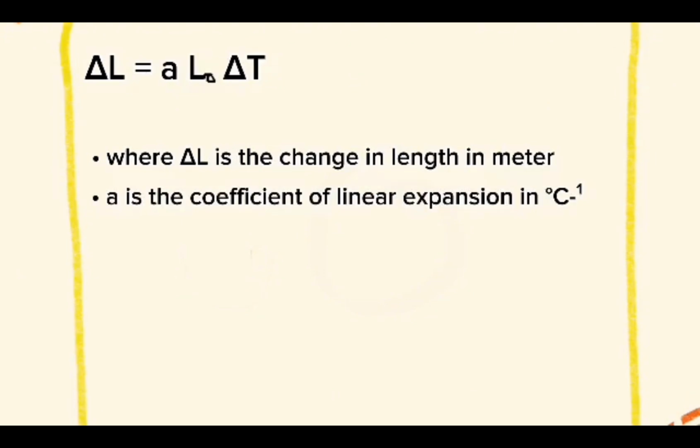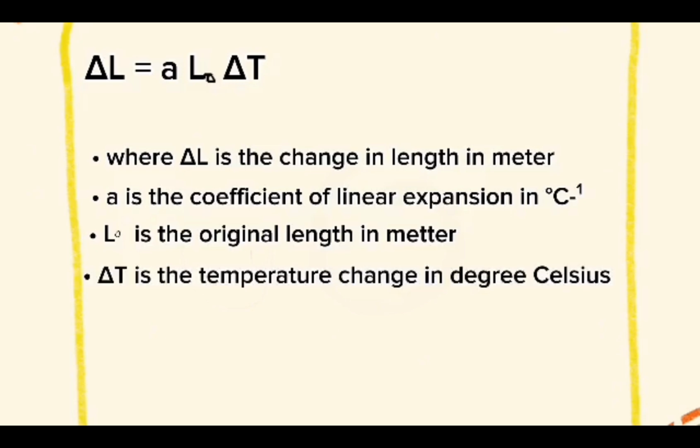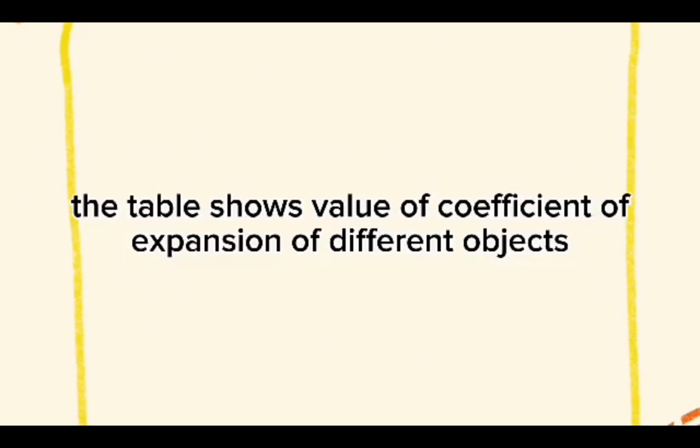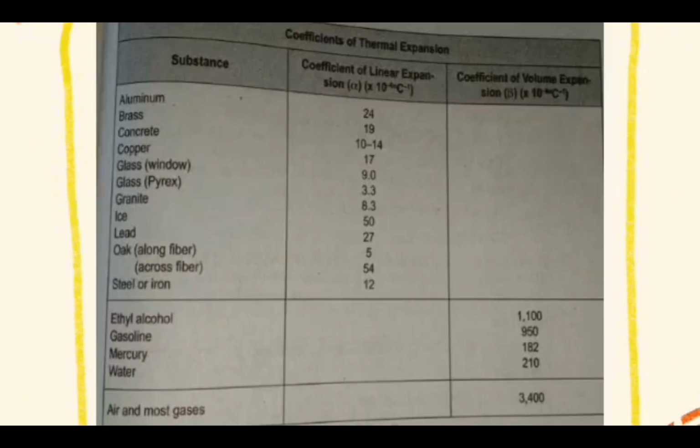A is the coefficient of linear expansion in degrees Celsius to the power of negative 1. L naught is the original length in meters. Delta temperature is the temperature change in degrees Celsius. The table shows values of the coefficient of expansion of different objects.